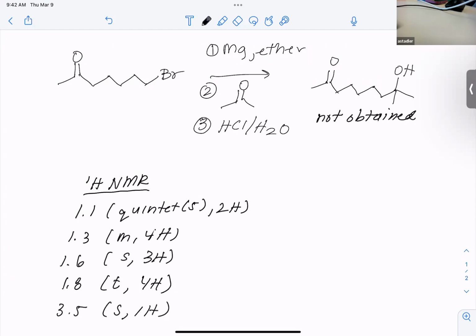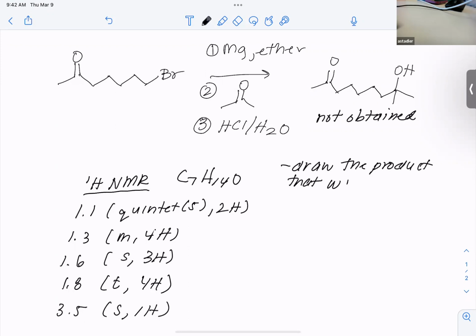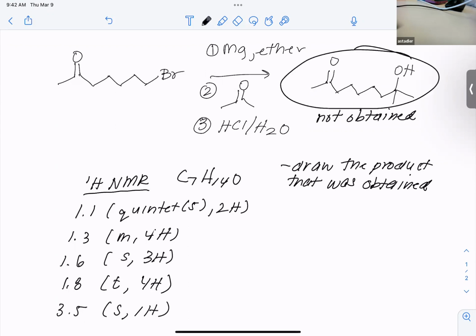Okay. And the molecular formula for that was C7H14O. So what I want you to do is draw the product that was obtained and add the step that was needed so that you could have obtained this.